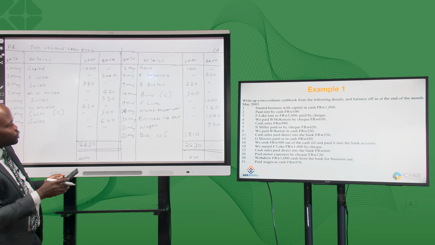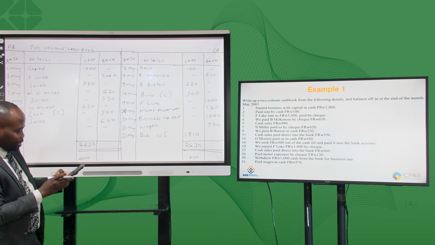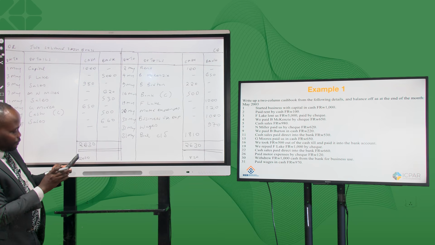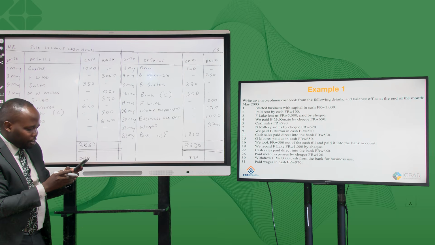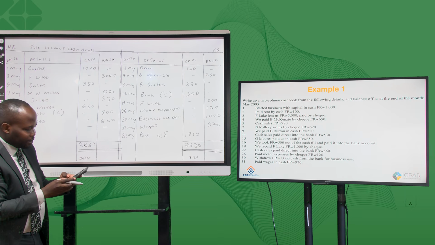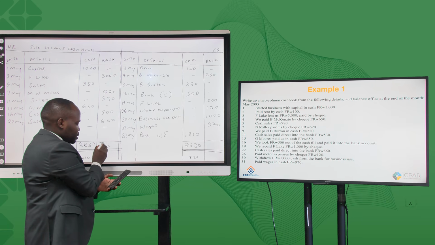For the bank, we also replicate the same. 5,000 plus 620 plus 530 plus 500 plus 660. So that gives us 7310.